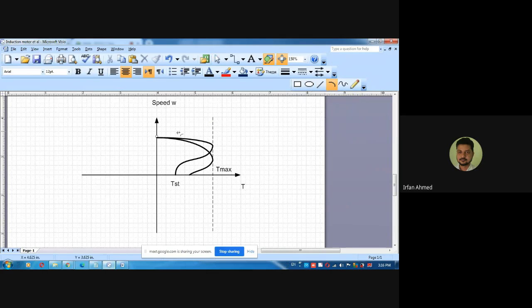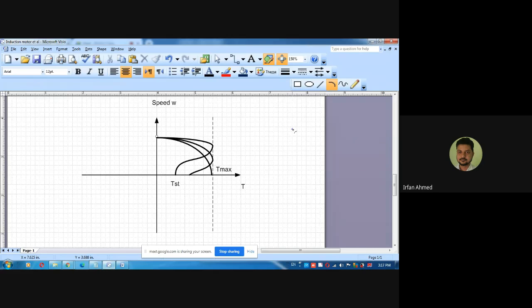If you further increase the resistance, this slip will go on increasing, and it is possible that you get the maximum torque at the time of starting. As you are increasing the rotor resistance, your starting torque is also increasing.